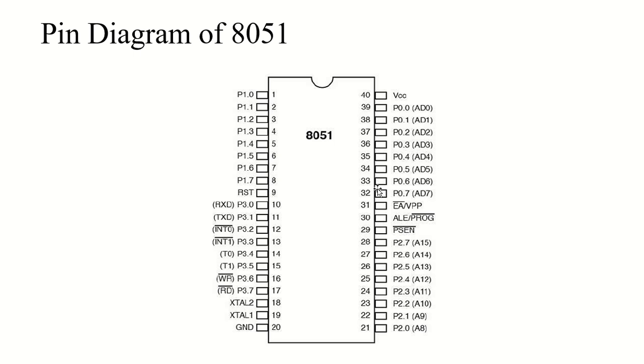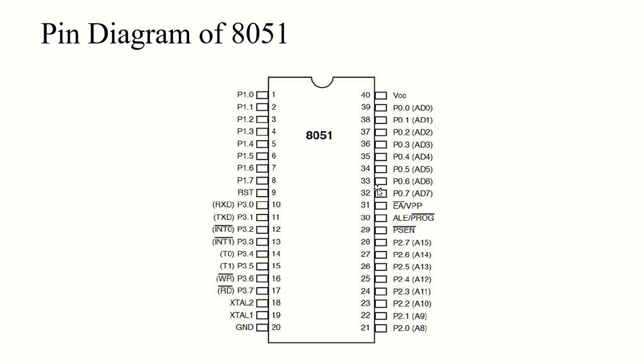Upon reset, port 1 is configured as an input port. When we want to use port 1 as an input port, first you have to check if it has been configured as an input port or output port.